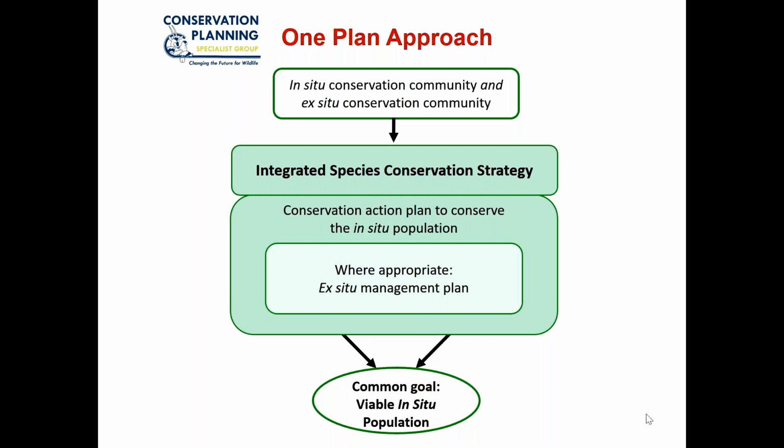And as part of that strategy, it might be that XE2 management is appropriate. In some cases, XE2 management is not appropriate. But both sides of the community should consider these options as they're going through a conservation plan for a species.